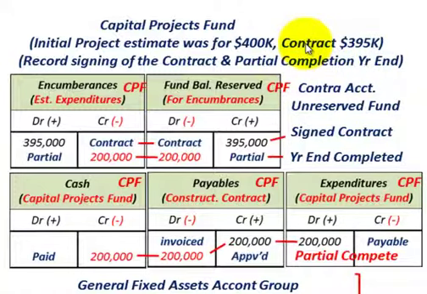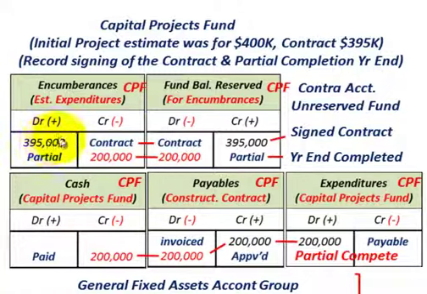So what we contractually now have to pay for this building is $395,000 versus the initial estimate of $400,000. Okay, so first thing we have to do is set up our encumbrances for the estimated expenditures. In this case, they're really contractual expenditures.